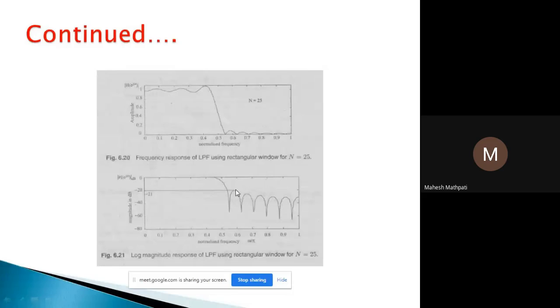And the attenuation here is about minus 20 for the frequency response of the rectangular window at N equals 25. Okay, so we have already solved the example on this. Hope you are understanding this graph. Any difficulty here?